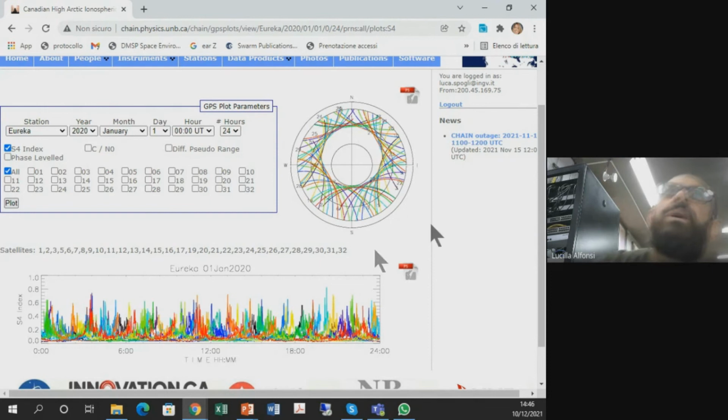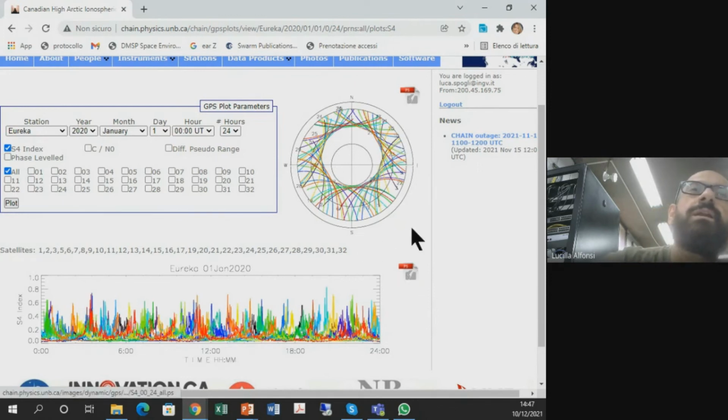In the center of this plot is the station, the radial distance from the center is the elevation of the satellite, and the direction is the azimuth. So it's a way to give the coordinates of the pierce point with respect to the station, basically.